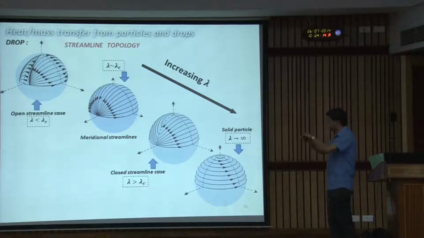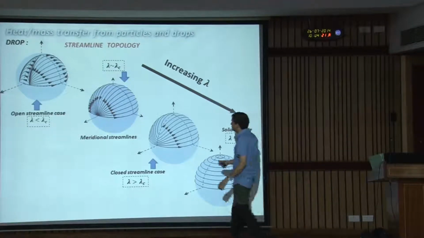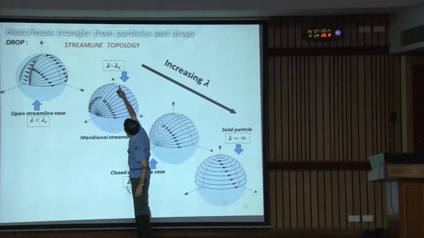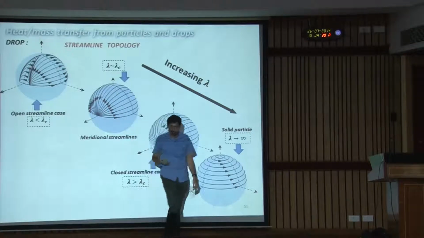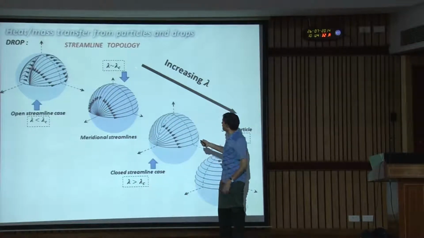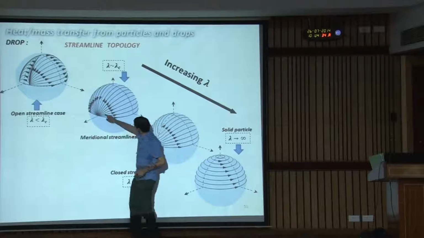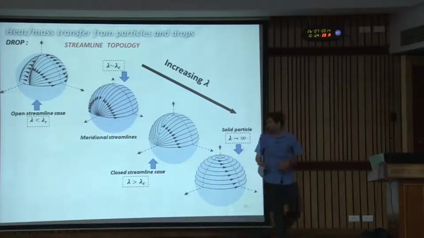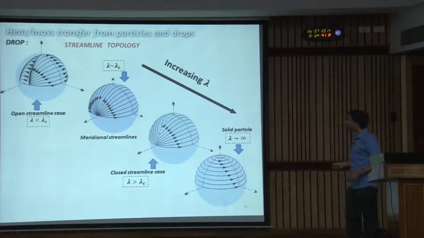That stretching out increases progressively as you approach the critical value, and at this critical value they are almost meridians. Each Jeffrey orbit almost looks like a meridian coming from that pole to this pole and back to that. Except that if you are not exactly at lambda c, there will be a tiny region where it turns over. Exactly at lambda c, they are meridians, and then when you go to the other side, it splits up and you have regions of open streamlines.